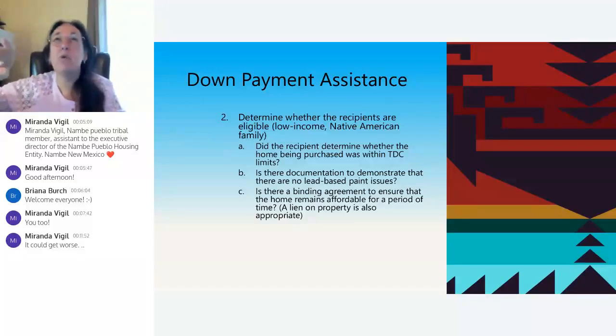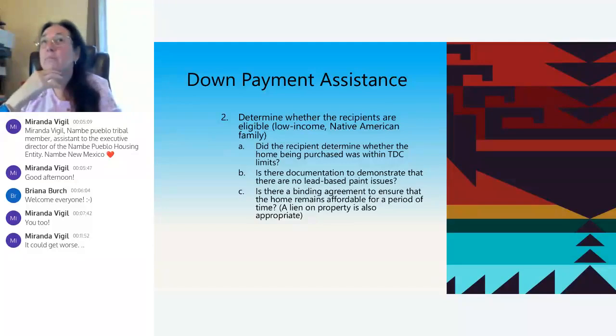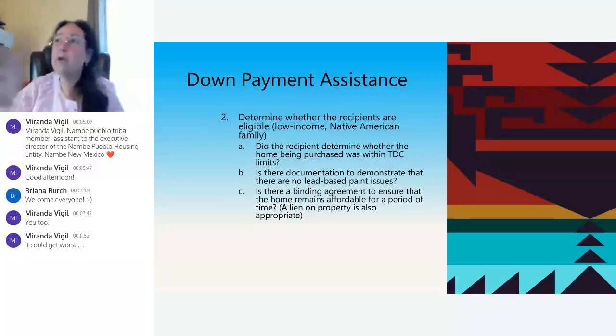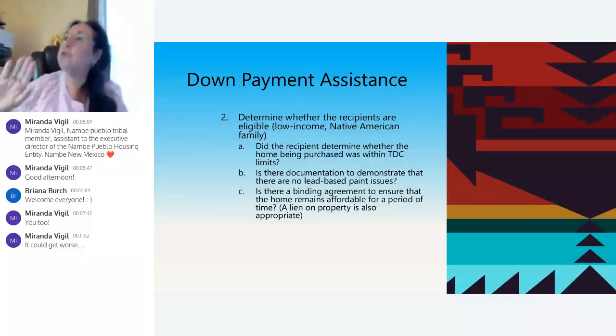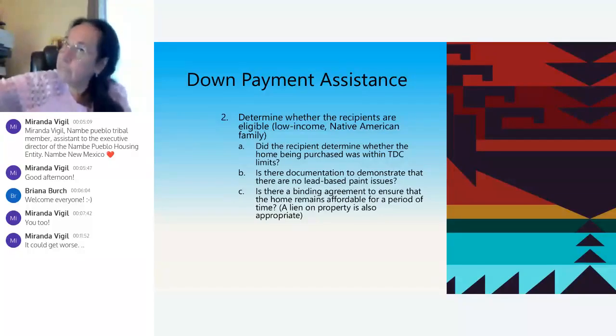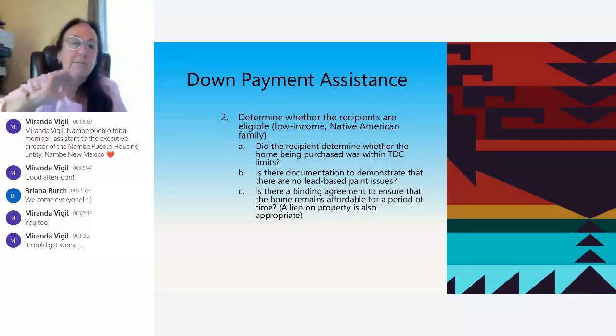I think it's a program guidance though, and there was one in 2024. That will tell you, you just go to your area, how much you're allowed to spend on a home. We're supposed to build moderate housing. So they're going to check to make sure that even when you're giving down payment assistance, they're buying moderate housing, okay?